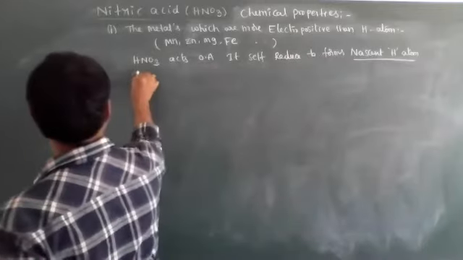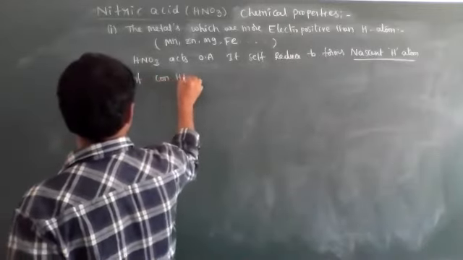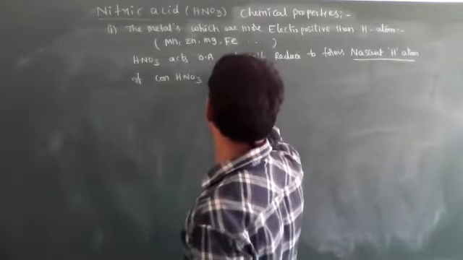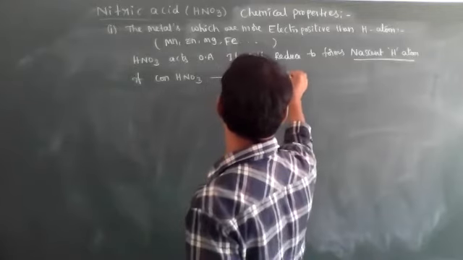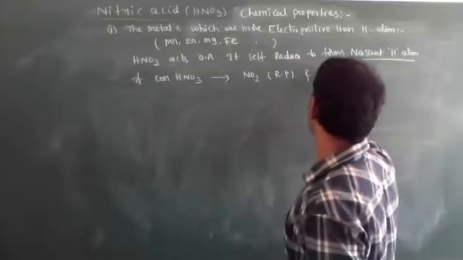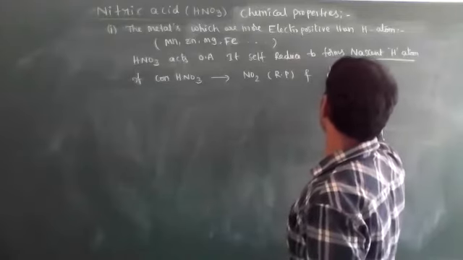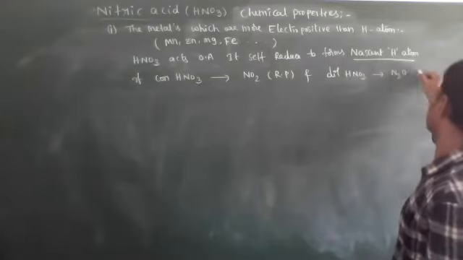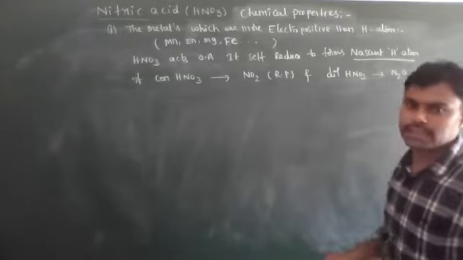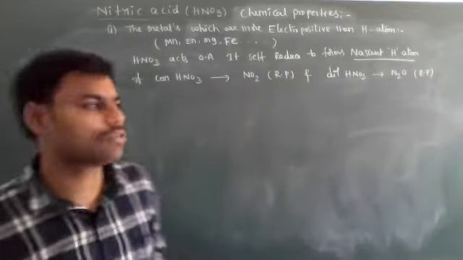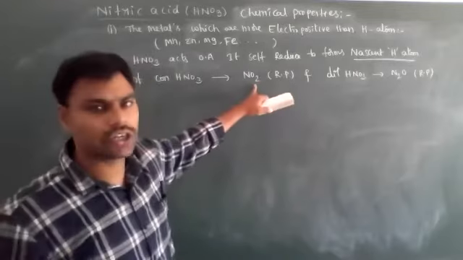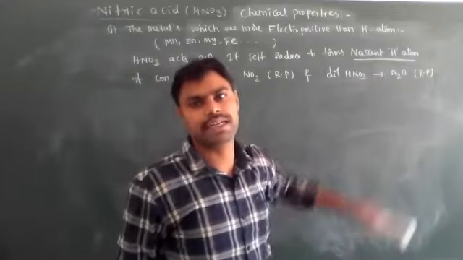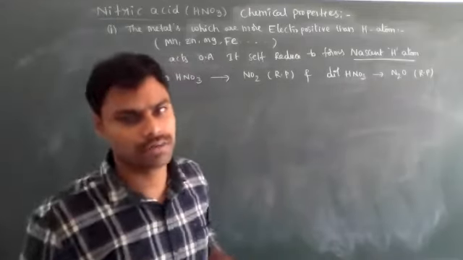If concentrated HNO3, it is converted into NO2, which is the reduction product, and if dilute HNO3, it is converted into N2O, nitrous oxide, the reduction product. These are the two reduction products.